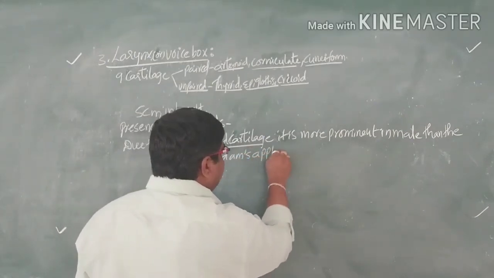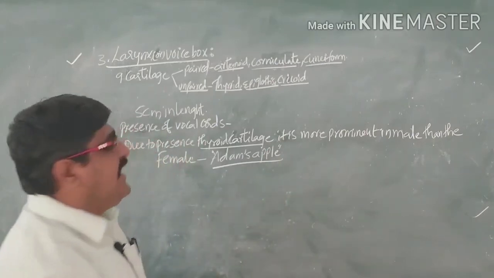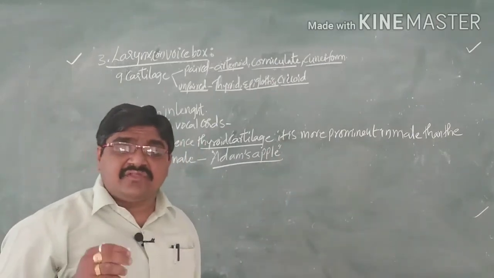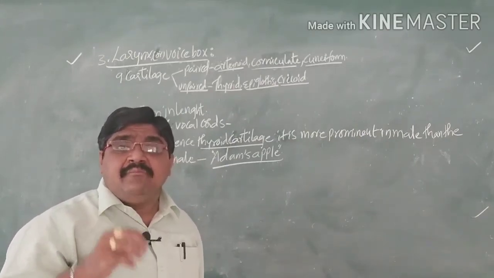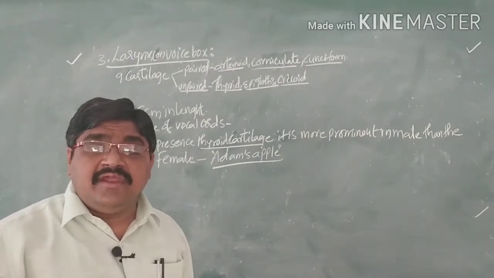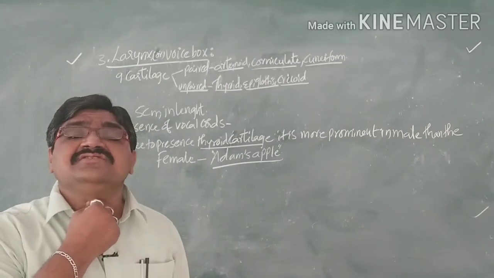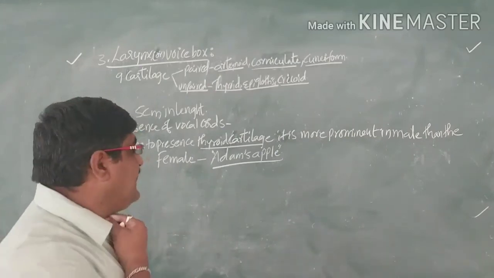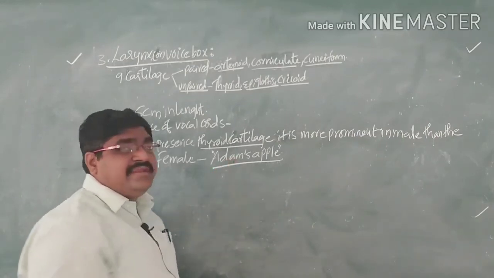What is the Adam's apple? Due to the presence of the thyroid cartilage in the larynx, it is more prominent in males than in females.